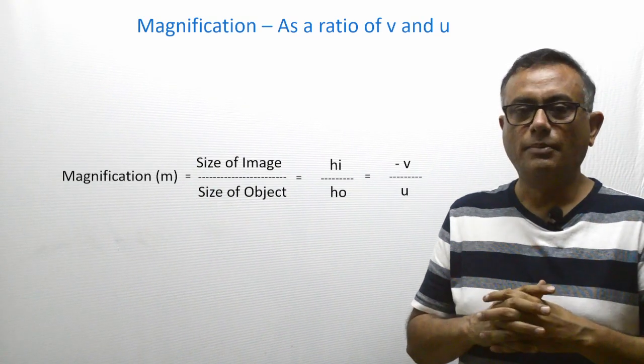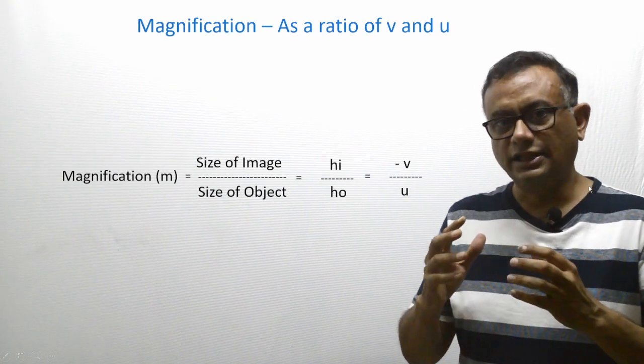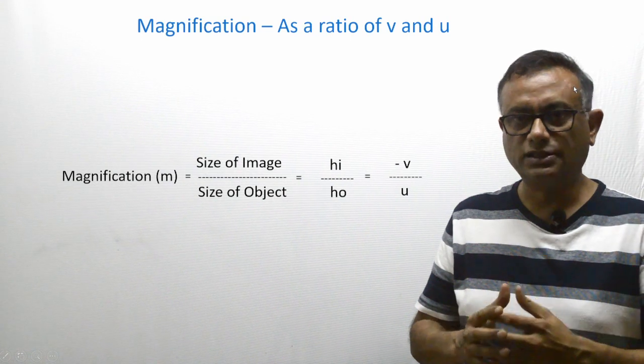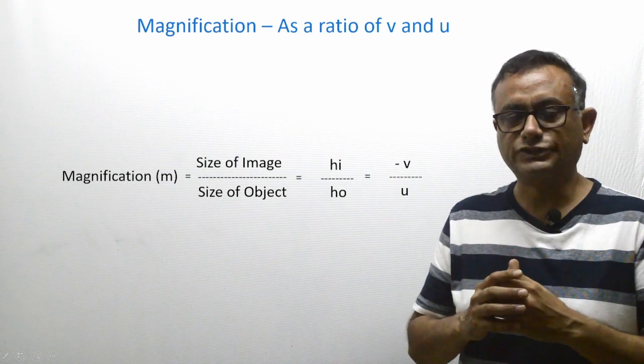So finally, magnification M is the height of the image by the height of the object, also equal to minus V by U. This relationship is very useful for solving numericals with concave and convex mirrors when magnification values are specified. So let's tackle a problem of that type now.